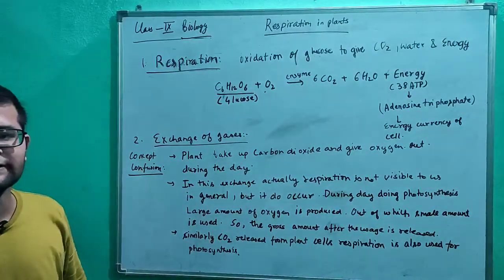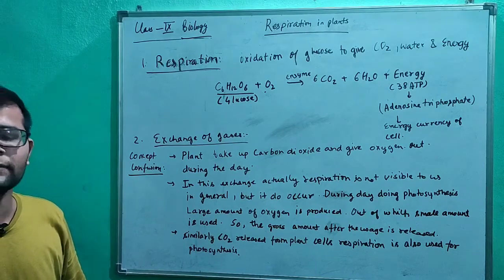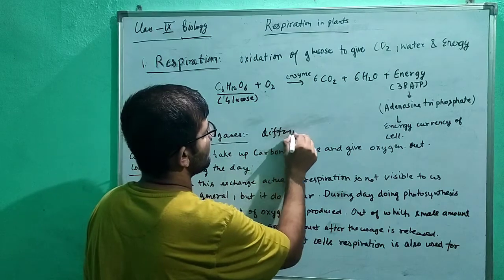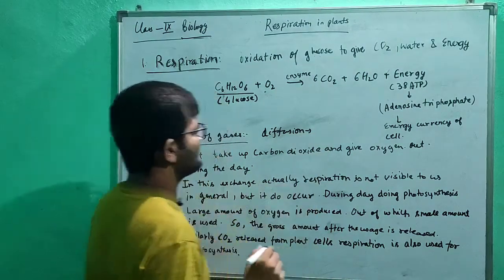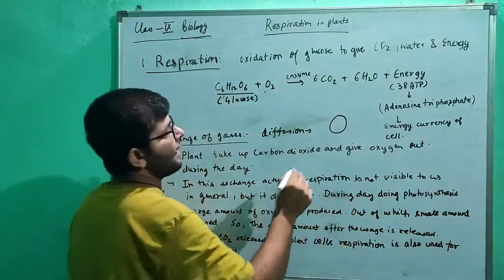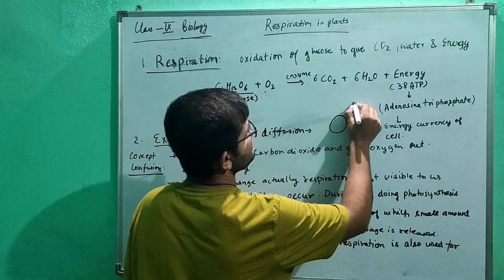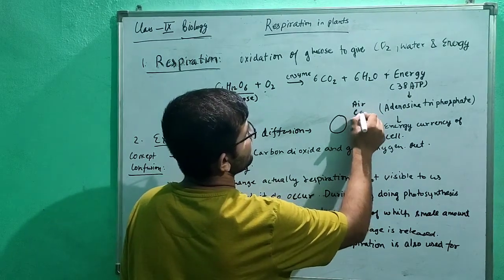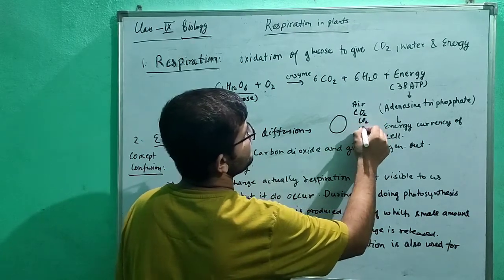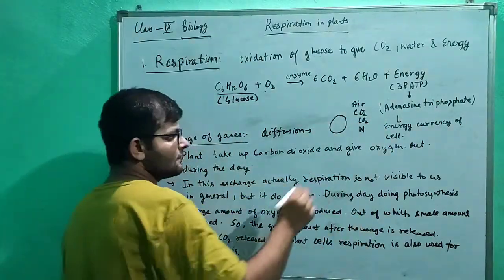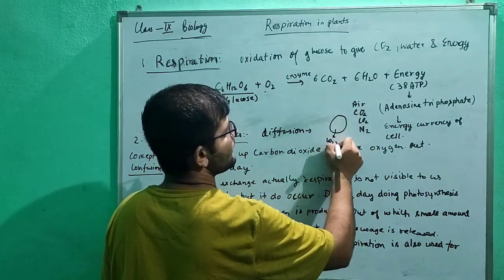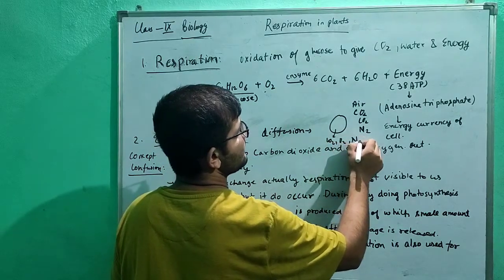How does exchange of gases happen in plants and in unicellular organisms? It happens through the process of diffusion. What does the word diffusion mean? Suppose there is a cell, and here is air, in which oxygen is there, carbon dioxide is there, nitrogen is there, and inside also there will be these gases CO2, oxygen and nitrogen.